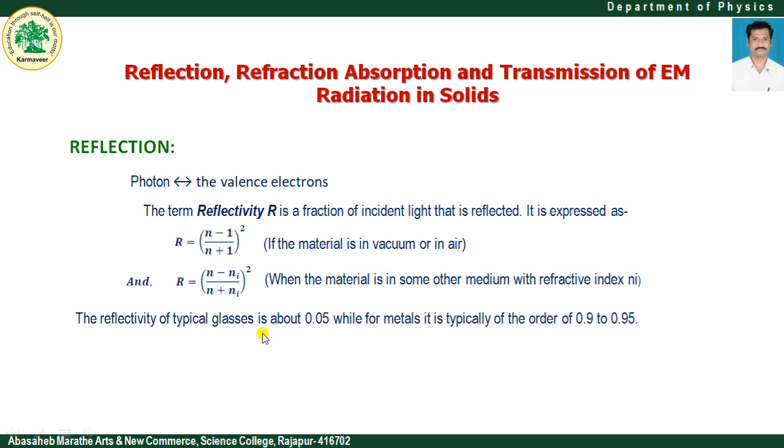The reflectivity of typical glass is about 0.05, while for metals it is typically of the order of 0.9 to 0.95.